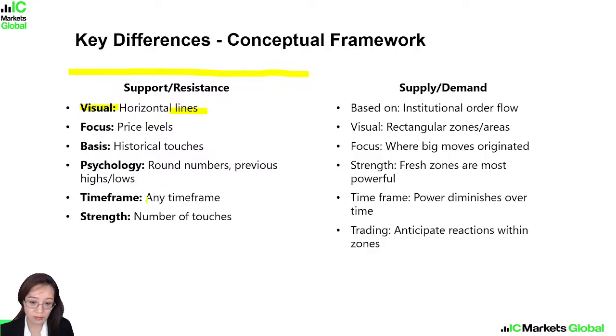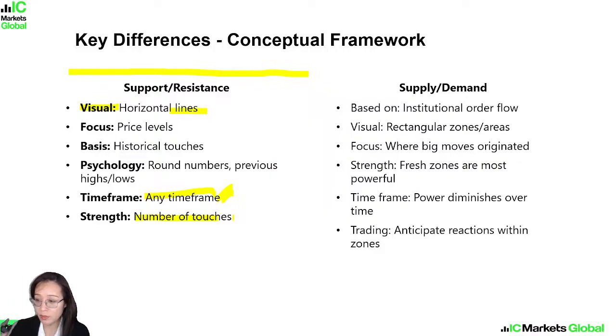Support and resistance, you can look at on any time frame, H4, H1, M15, M30, any time frame you can use as well. The strength is the number of touches.